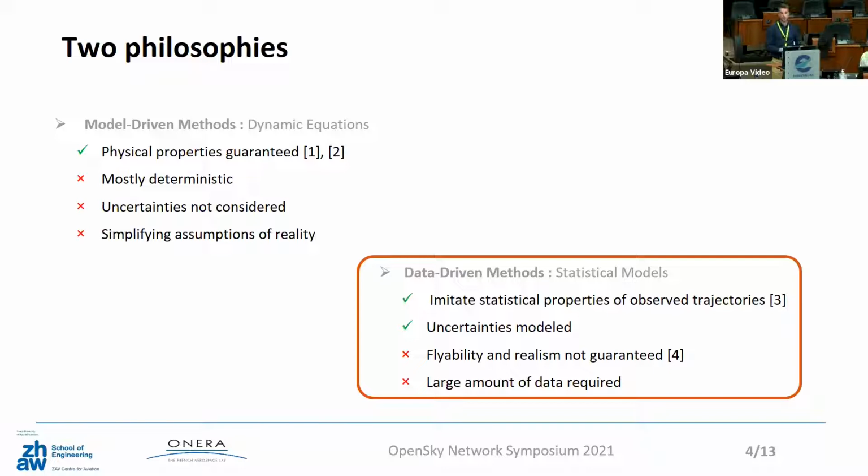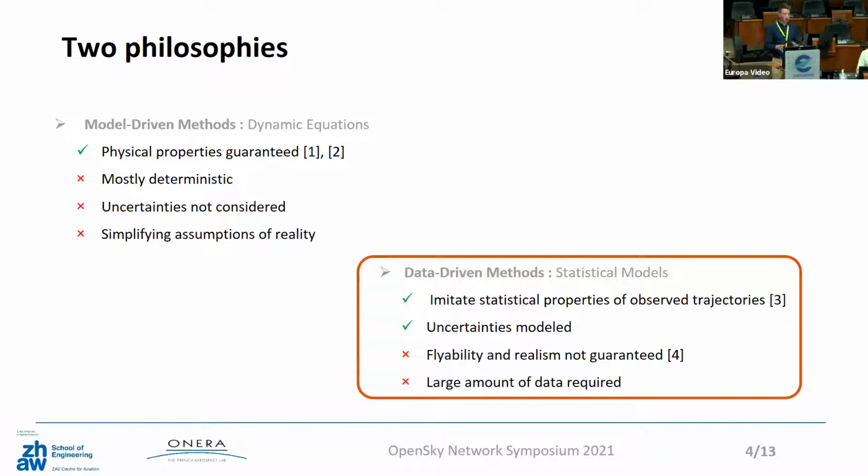is sometimes pretty problematic. Alternatively, we have the data-driven methods that are based on statistical models. They actually imitate the statistical properties of the existing trajectories and try to reproduce them. The advantage here is that uncertainties like ATC actions or weather uncertainties are actually modeled within those models because they are present within the database we use to train our model.